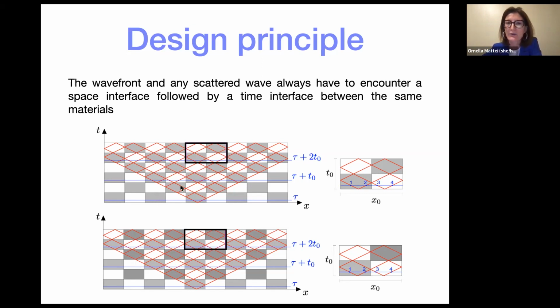Here, if you check whether our design principle works or not, you see indeed that every single characteristic line goes from a space interface to a time interface, and it does so by always going from material 1 to material 2, and then from material 2 to material 1.